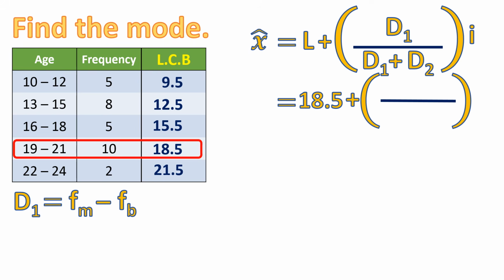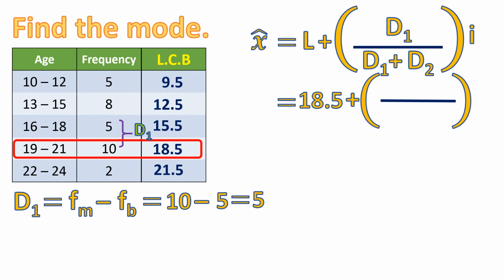Before 10 is 5, so it's on top. Sometimes the given data is from bottom to top. That means the frequency before the modal class is actually below that. But in this case, it is given from top to bottom, so the frequency before the modal class is on top. So this is actually the D1, and we're gonna find the difference of these two. So let's substitute. 10 minus 5 is 5.